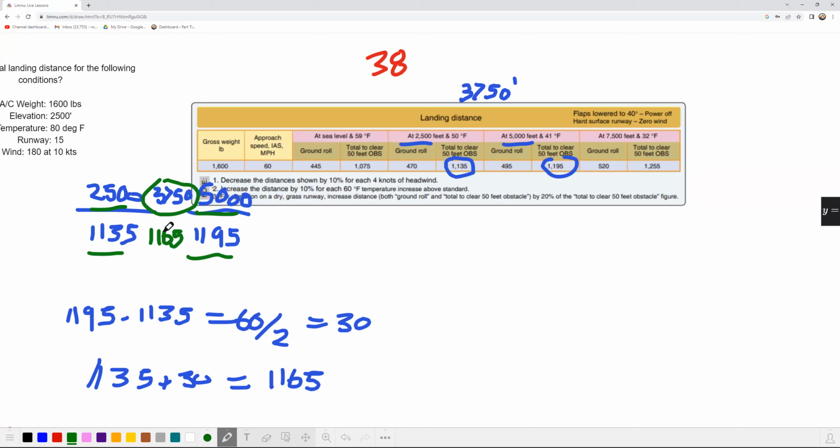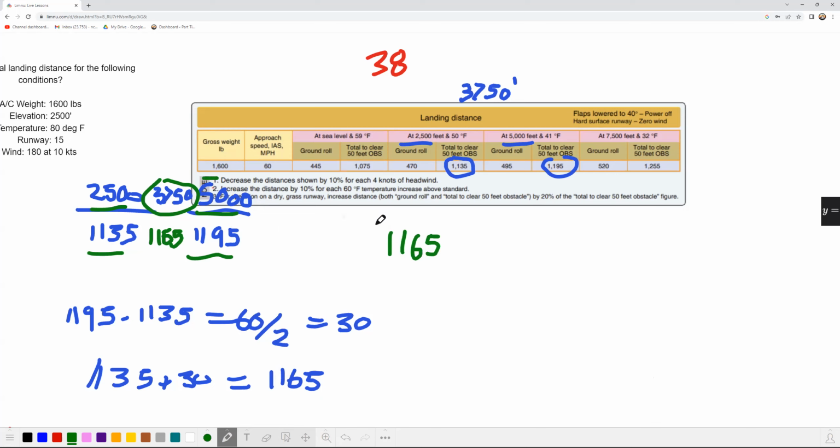Yes, it looks like it's directly in between. It's 30 from 1135 and 30 from 1195, right smack dab in the middle. So now we have 1165. Now that we have that number, we use these notes. In Ray's problem, it says a 12 knot headwind.